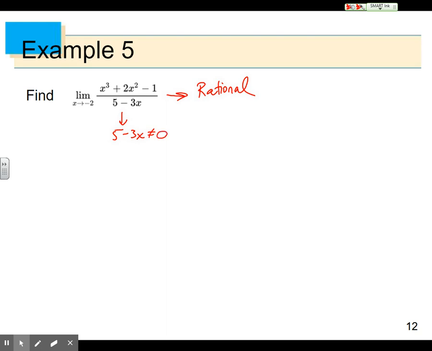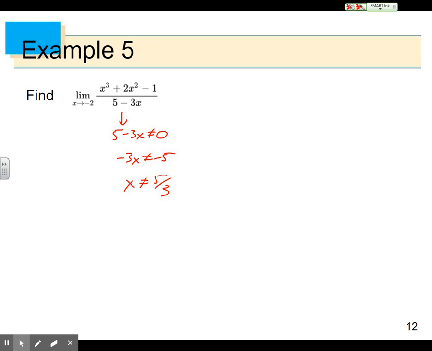I get -3x cannot equal -5, so x cannot equal 5/3. Theorem 5 stated that as long as I have a rational function, it's going to be continuous where it's defined.